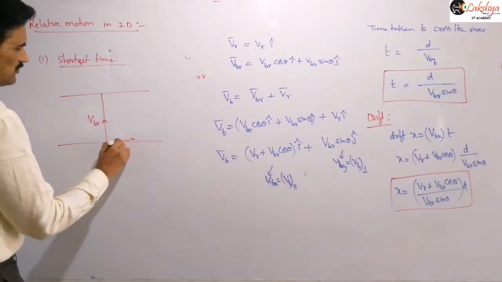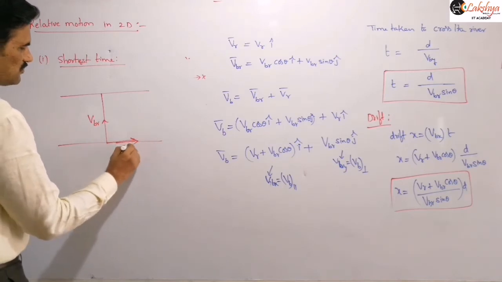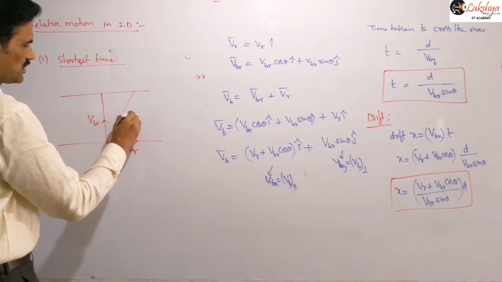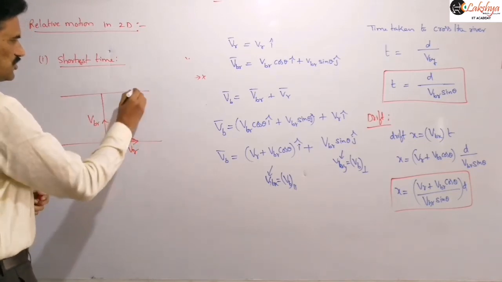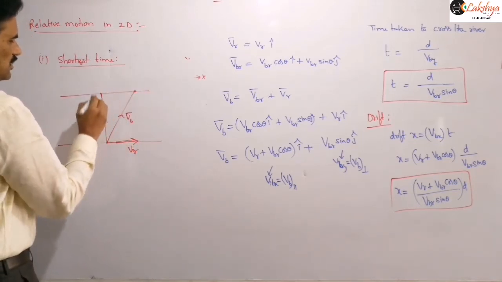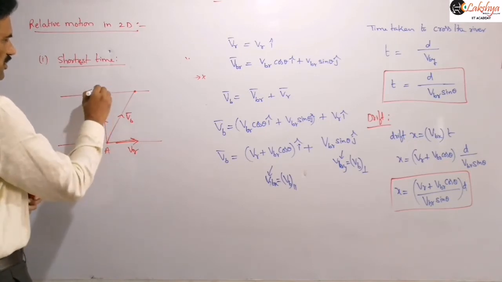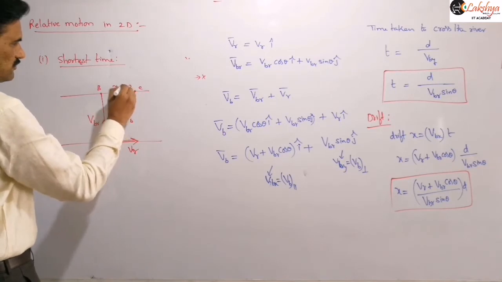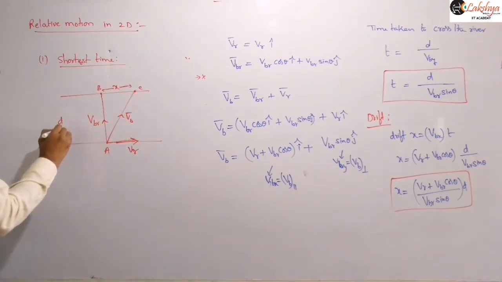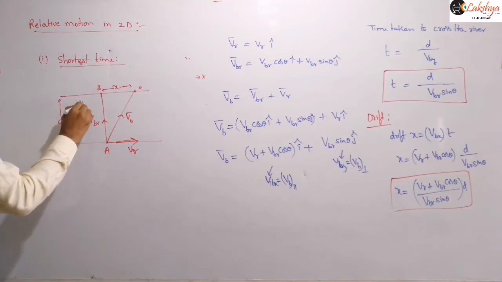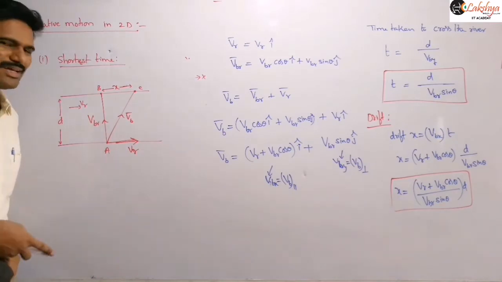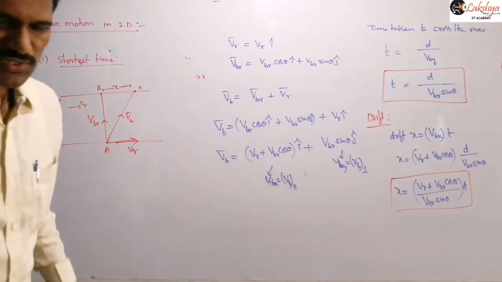Then velocity of the river is along this direction here. Then the resultant velocity of the boat will be along this direction, so that it will reach this point here. Suppose this is A, this point is B, this is C, and this distance is X. And this is the D value here. So this is our river flow direction. So this is our diagram corresponding to that case, shortest time.